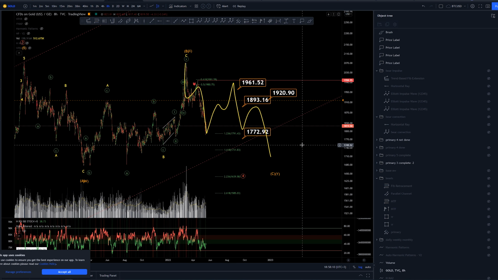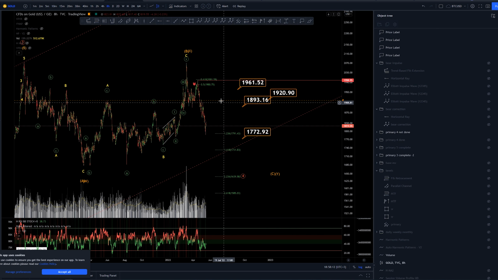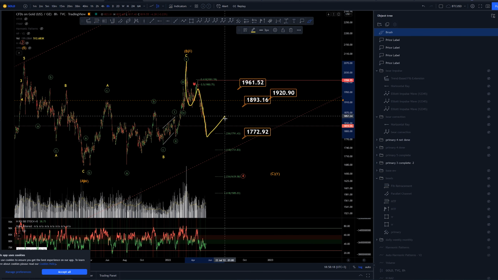Hopefully that was really badly explained, but you should understand the point. If we are playing the B wave, we are looking for a 5-wave structure here, like so.